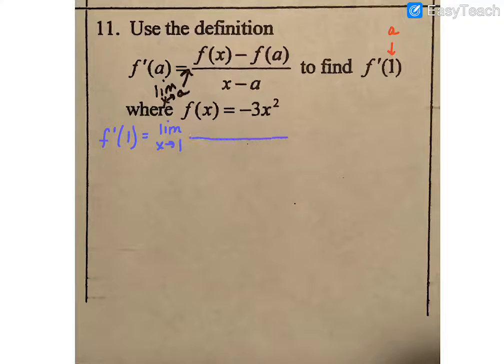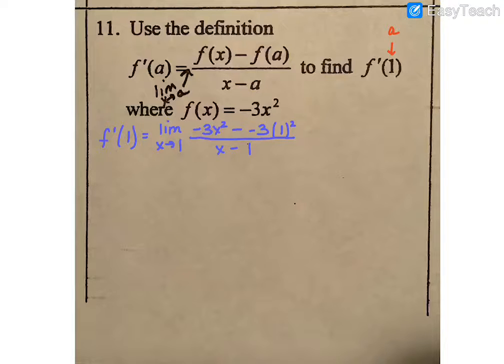And then it is of f of x, which is defined as negative 3x squared, minus f of a. So that's going to be minus f of 1, which is going to be negative 3 times 1 squared instead of x squared. And it's all over x minus a, so x minus 1.